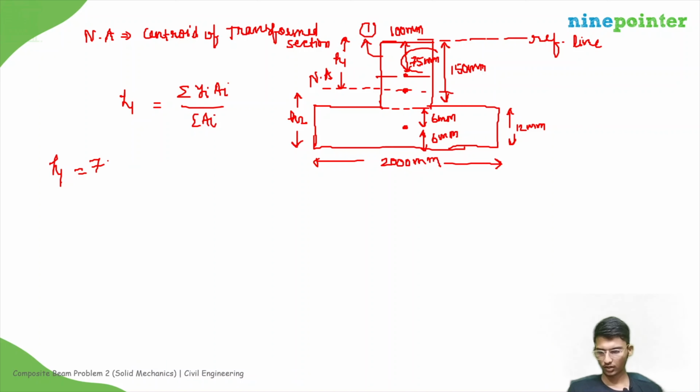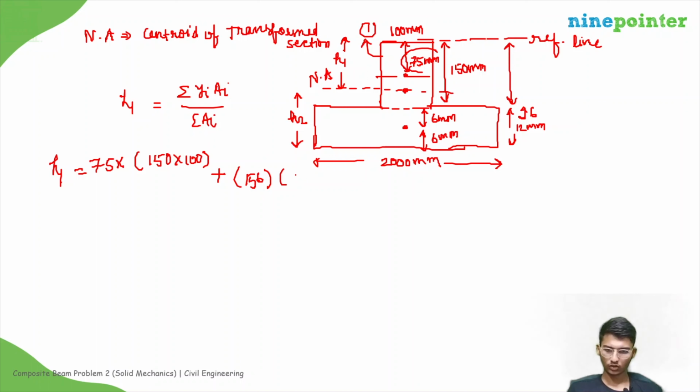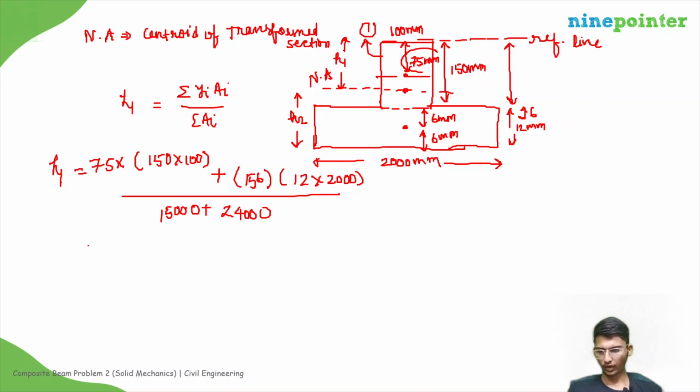So 75 into a of material 1, which is 150 into 100, plus for this one it is 150 plus 6, that is 156 mm, and area is 12 into 2000, divided by a1 plus a2, that is 15,000 plus 24,000. From this we can calculate H1, that will come as 124.8 mm.